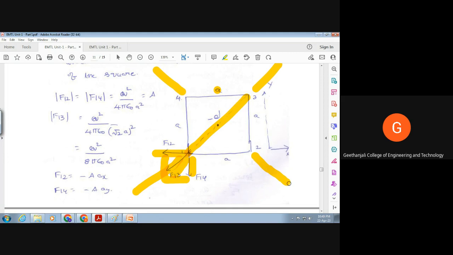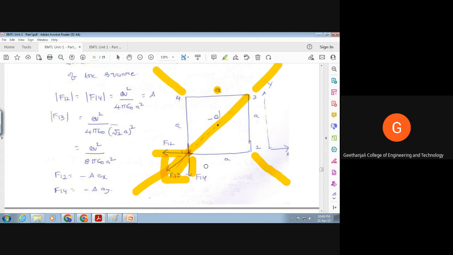So each point charge will try to move away from the other charges until the force of attraction or repulsion becomes zero. But here the problem is, I want these 4 point charges to be placed at the four corners in equilibrium condition. So for this, what is the point charge that I am supposed to place at the center?